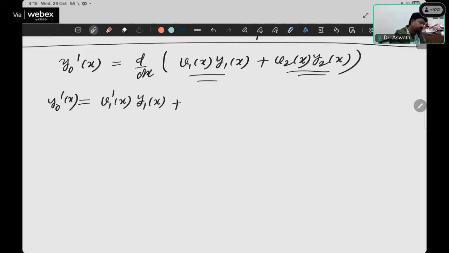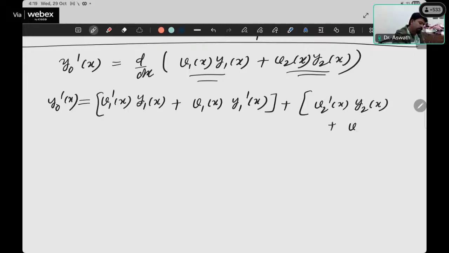First time I'll differentiate with respect to x, second time I differentiate with respect to y1. So this is one term. The other term is v2 dash plus v2 y2 dash x.